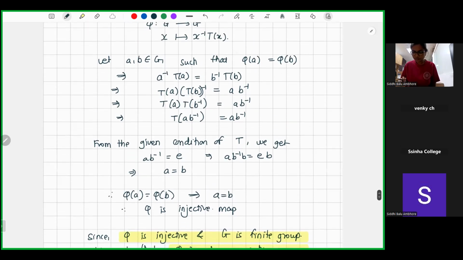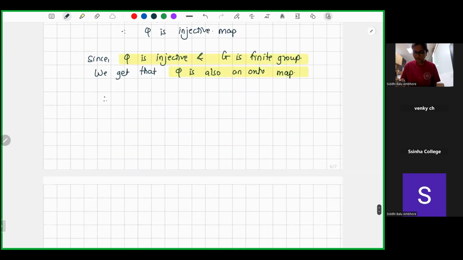Therefore phi is onto, and once I have this ontoness, for all g in G, there exists x in G such that phi of x is g.